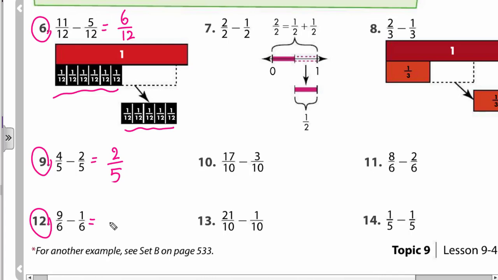9 minus 1 equals 8. So 8/6. And as you can see, 8 sectors is more than 6 sectors. Can you write it as a mixed number?